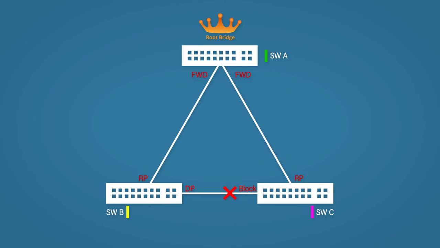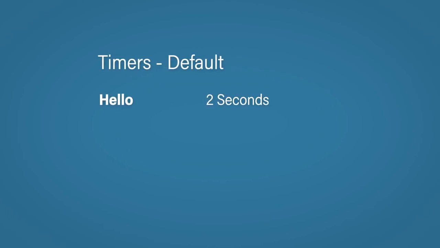Before we look at the convergence process, we should first look at the timers and what they mean for the port states. Hellos. The hello timer, by default, is every 2 seconds. This is the time interval where the root bridge will create and send hello messages. This lets everyone know everything is still alive and kicking.